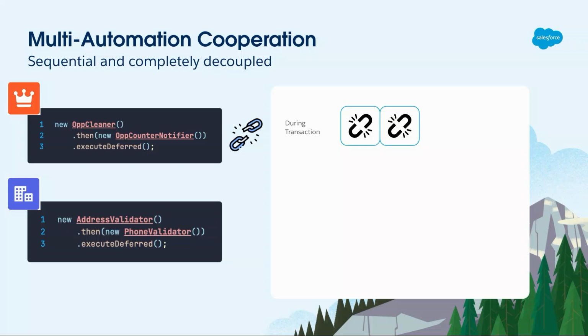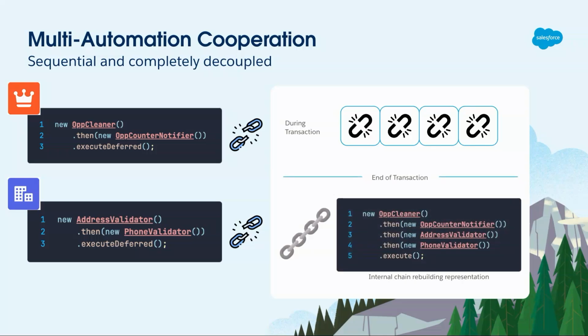Therefore, in the same transaction, when the account trigger is triggered, the same will happen. It unlinks that chain and puts it at the end of the queue. So we have all those chain links in the queue. At the end of the transaction, the framework takes that queue and rebuilds it automatically. Internally, it will look something like this.